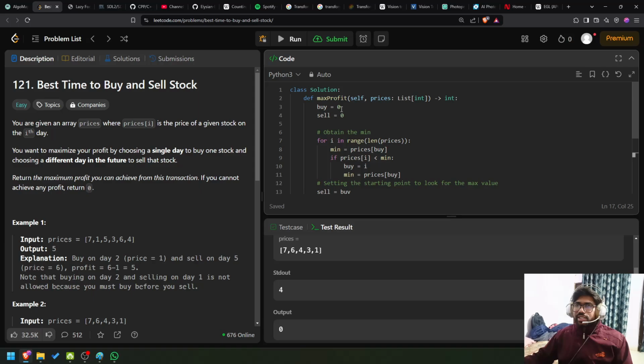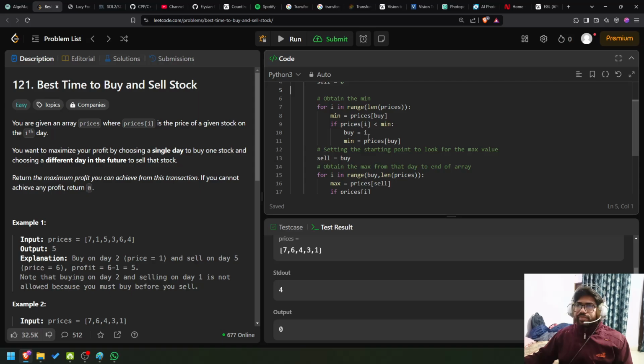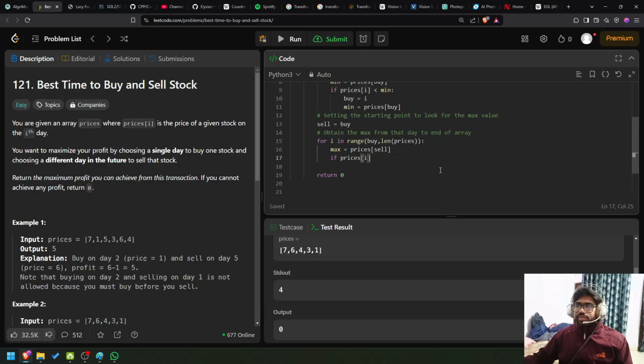Don't I have max and min functions? I think I do. Okay, if prices of i is greater than max, then I'll say sell equals i, right, and max equals prices of sell.